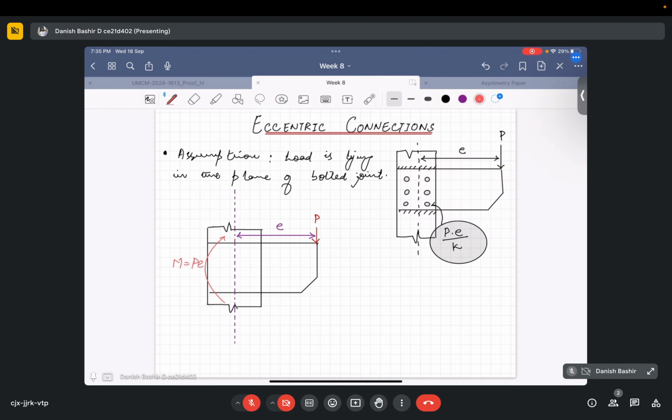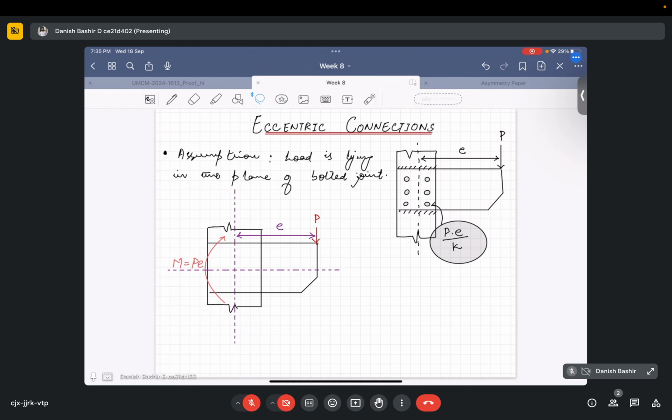And let us say there is one more axis we have to draw in the horizontal direction, like this.